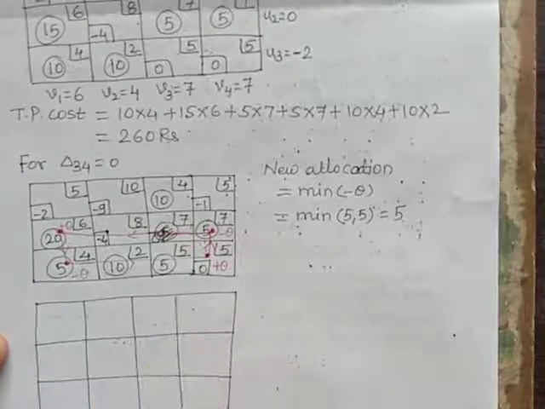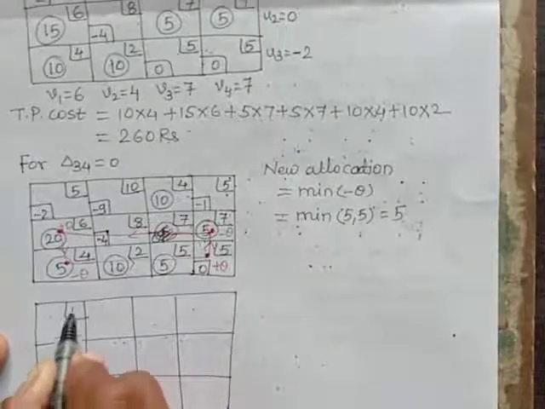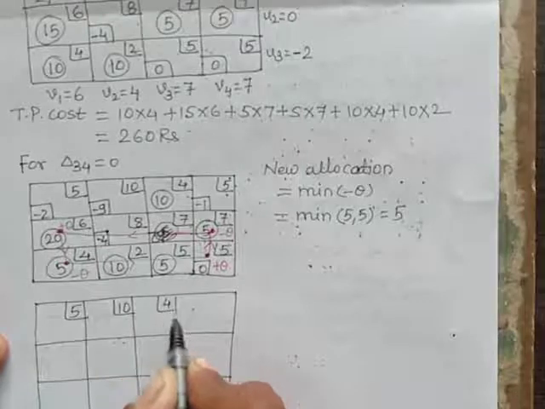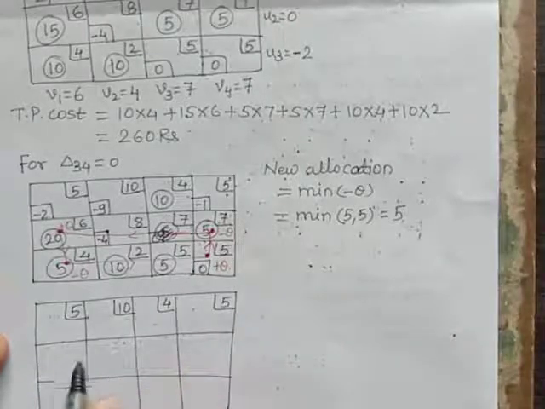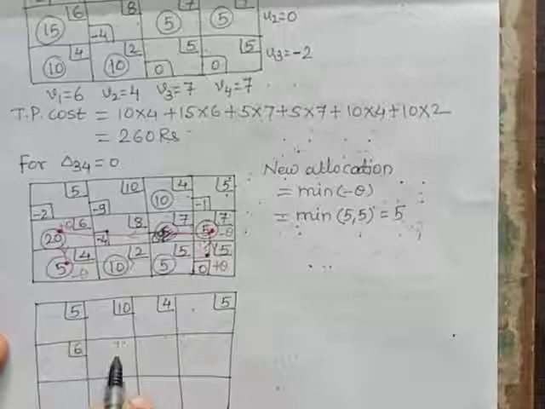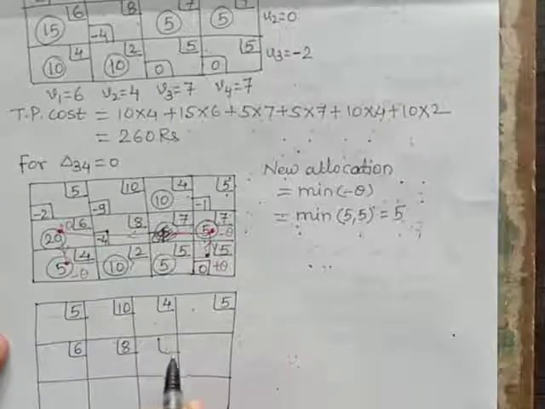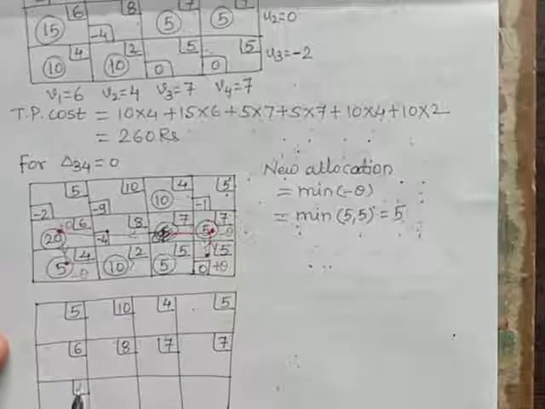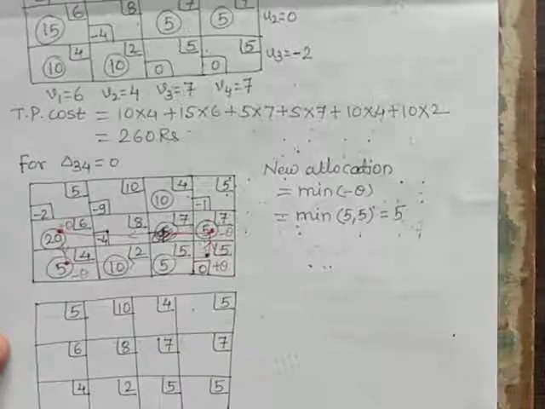So here 5, 10, 4, 5, 6, 8, 7, 7, 4, 2, 5, 5.